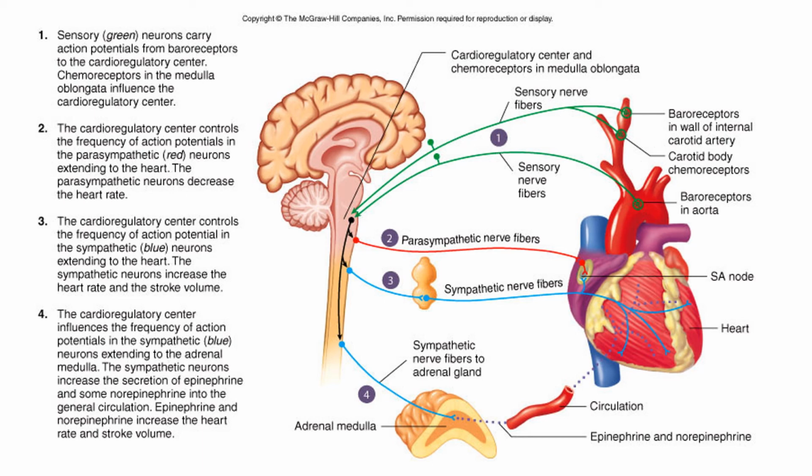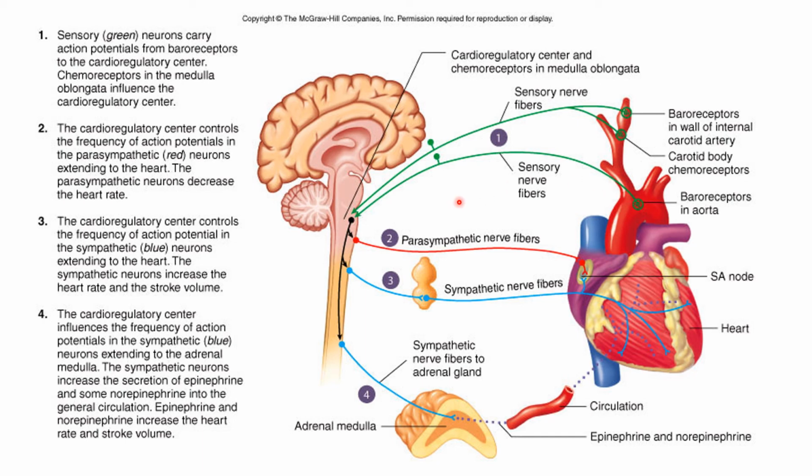First, in number 1, are the sensory neurons that carry action potentials from the baroreceptors to the cardioregulatory center. The cardioregulatory center is right here. The green lines represent the sensory neurons that carry the action potentials.